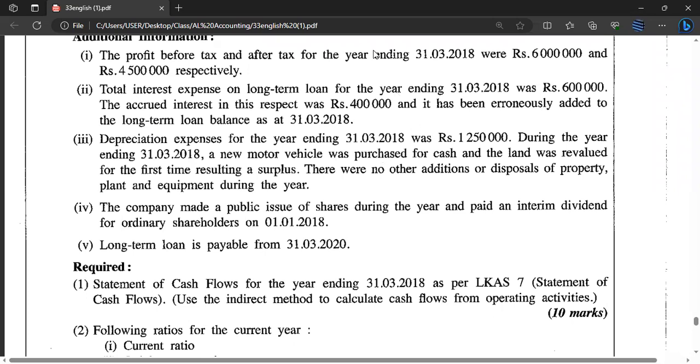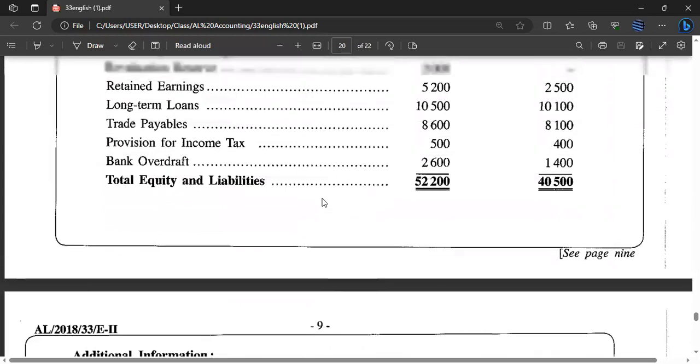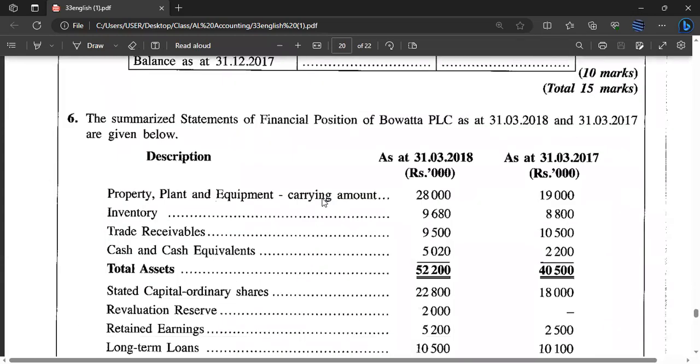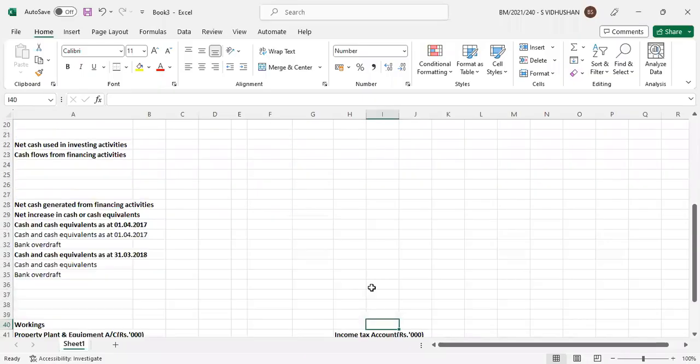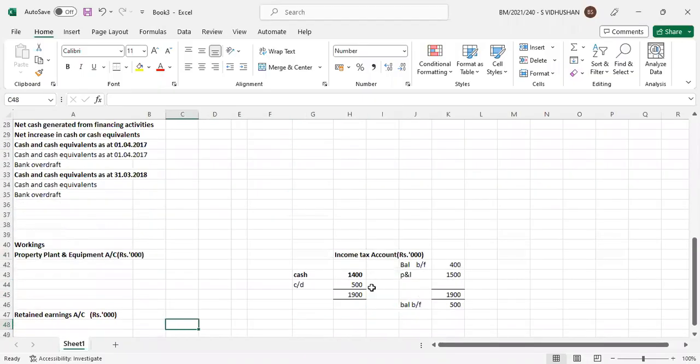So let's do that, and you need to come to the property, plant, and equipment, and they have given that. So opening balance is 19,000 and the closing balance is 28,000. So you need to do a small working there. Okay, so working property, plant, and equipment.